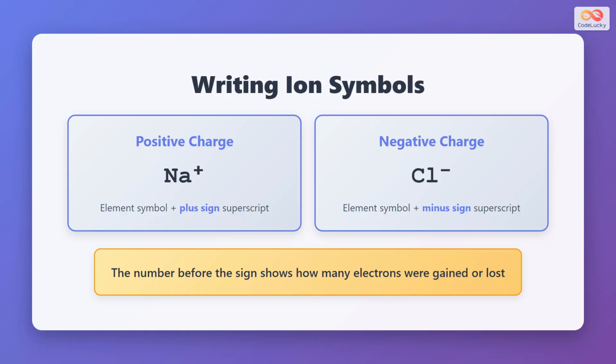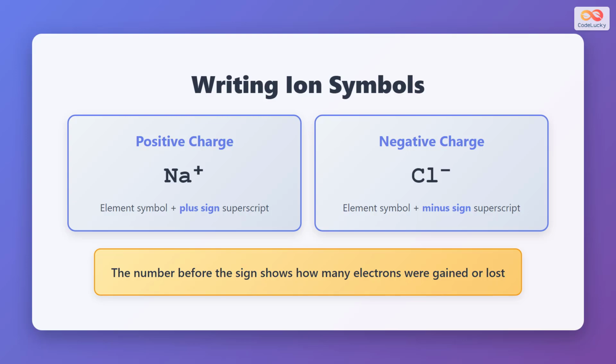Understanding how to write ion symbols is crucial for communicating in chemistry. The notation is straightforward. For positive charges, we write the element symbol followed by a plus sign as a superscript. For example, sodium ion is written as Na+. For negative charges, we write the element symbol followed by a minus sign as a superscript. For example, chloride ion is written as Cl-.